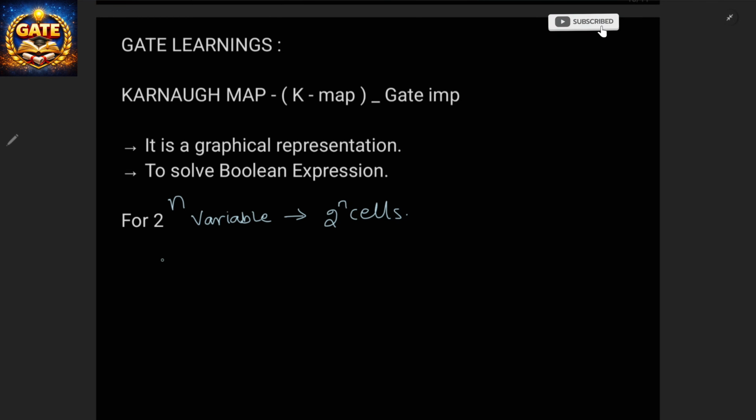So for one variable, two cells. For two variables, you have four cells.